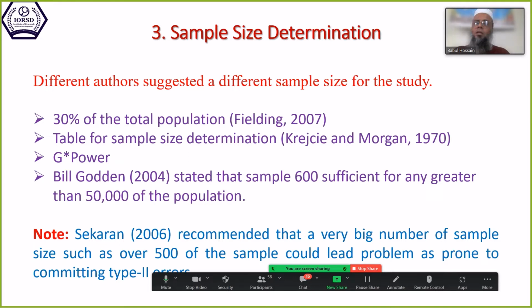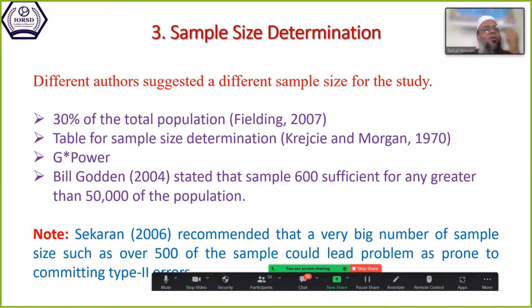And you can use G*Power. G*Power we normally use if your population is unknown. Unknown means you don't know the exact number. Suppose the users of Fair and Lovely in India, how many in the population? You cannot determine, very difficult. Or the consumers of rice in India.